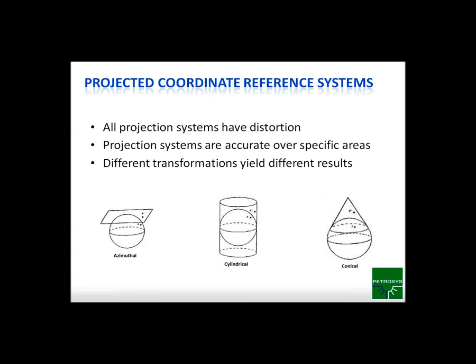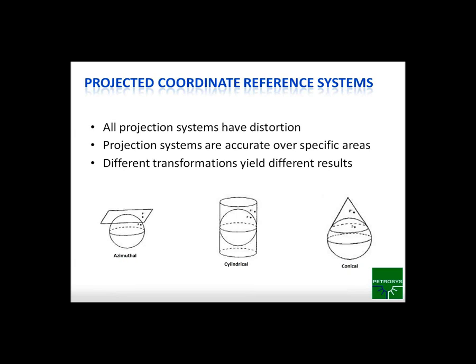Here's a couple more examples of different types. These projection systems don't always have to be based on a cylindrical type of representation of that 2D object, but we also have azimuthal, where you just have a kind of a piece of paper with one tangent point. Conical, as you can see over there on the right-hand side, are more commonly used whenever you want to map areas that are away from the equator.